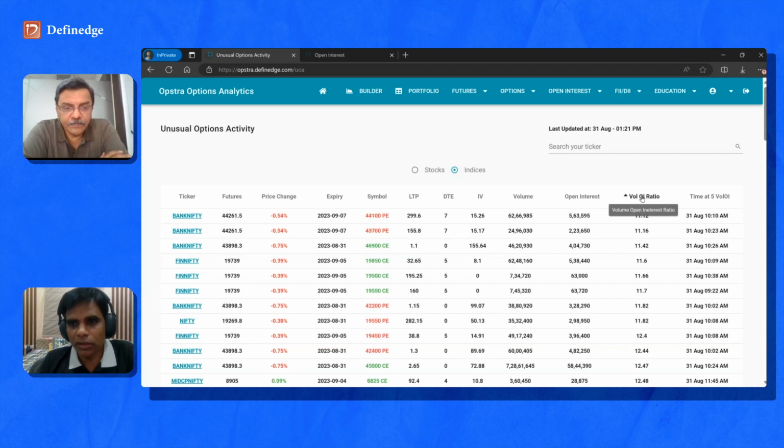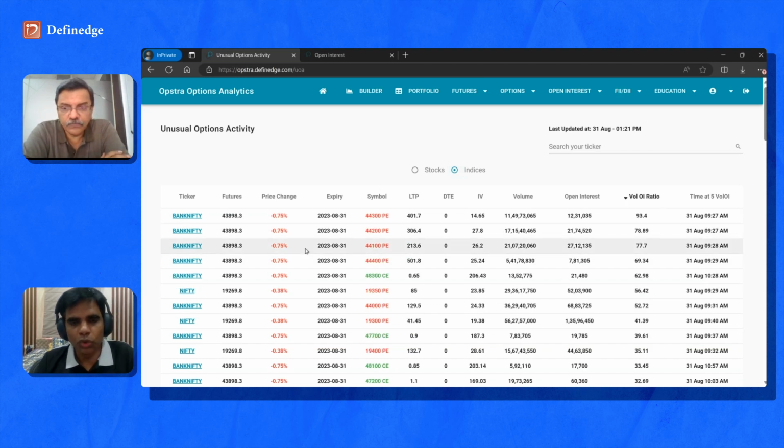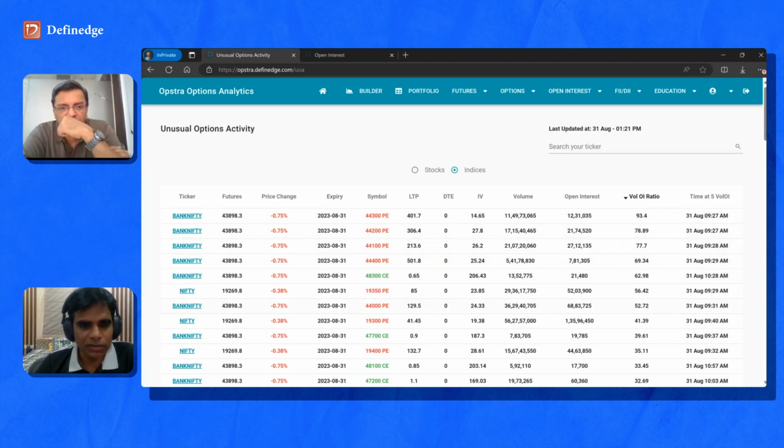But here one thing you have to remember is that most of the time the volume to OI ratio will be much higher in indices because a lot of trading is happening. So it can easily cross that five threshold. But what it will tell you is the direction of the market.